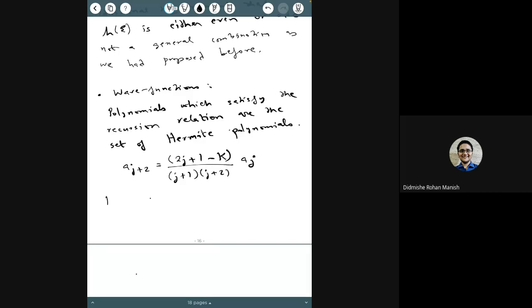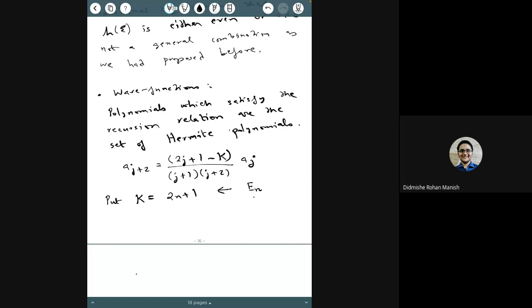Now I can put k equal to 2n+1, which tells me that I am dealing with a state with energy E_n. I am labeling the energy by a quantum number n because I have found that this energy depends on n.